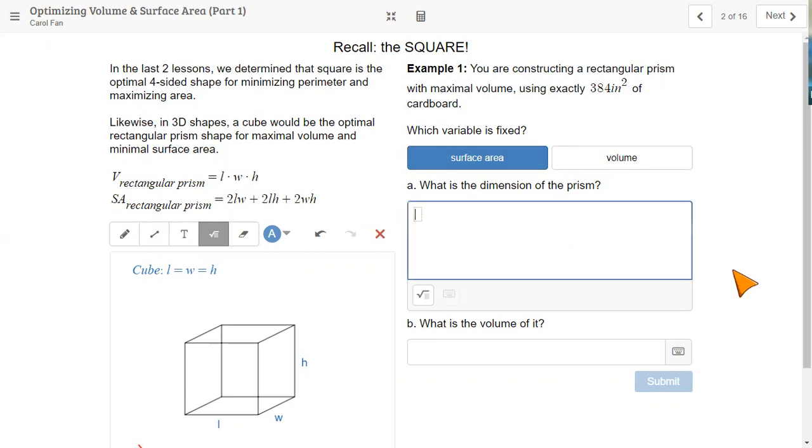Okay, let's have our volume equation. Because we know that length times width times height is the same, I could say this is going to be side cubed. For surface area, I have 6 sides that are exactly the same, so I'm going to have 6 times s squared.